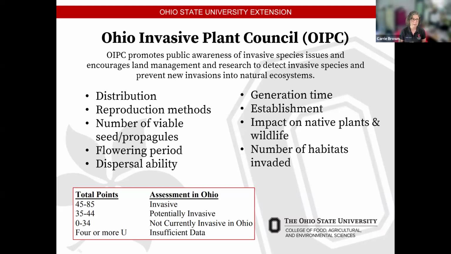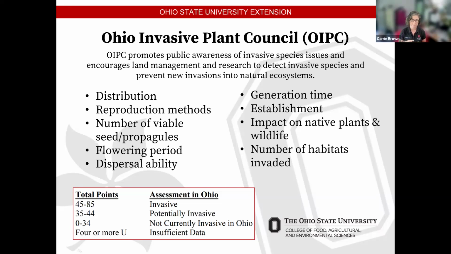So OIPC continues to be engaged in discussions of this legislation and related issues of regulating invasive plants within the state of Ohio. So to conduct the assessment of a plant, the team scores the plant on a number of criteria. I have those criteria listed up here on the slide.